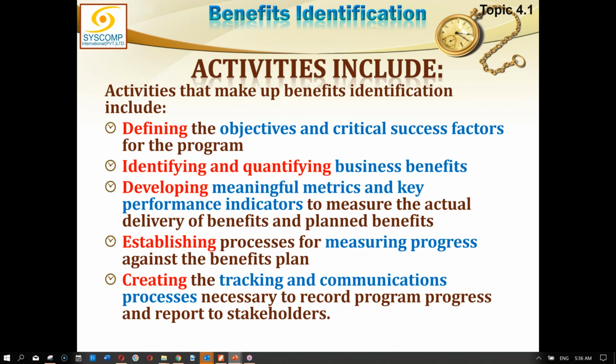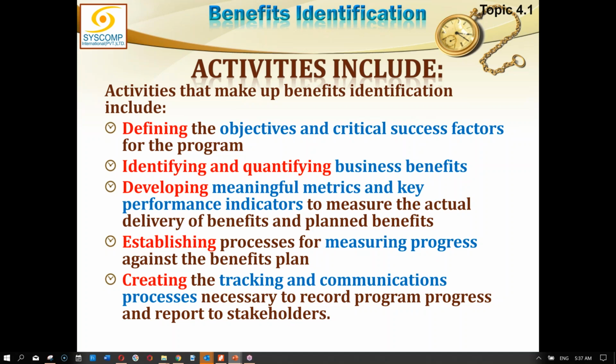Then establishing processes for measuring the progress against the benefit plan: the exact process or procedure of taking that measurement, and ultimately creating the tracking and communication processes necessary to record program progress and report to the stakeholders. So basically, in identification, I'm not saying I have created the whole benefit management plan, but at least I have listed each one of the benefits in a benefit register, and in front of each benefit, I have provided certain attributes.